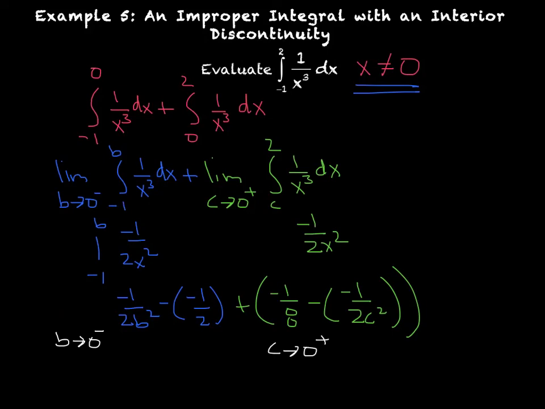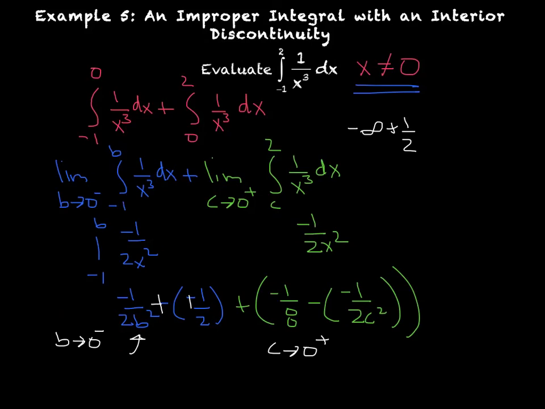Okay, so looking at this first term right there, well, if b is approaching 0, then what you're going to have is a negative 1 over 0, which we're going to call infinity, negative infinity. So we're going to have negative infinity plus 1/2, because a minus and a minus are going to end up giving us pluses.